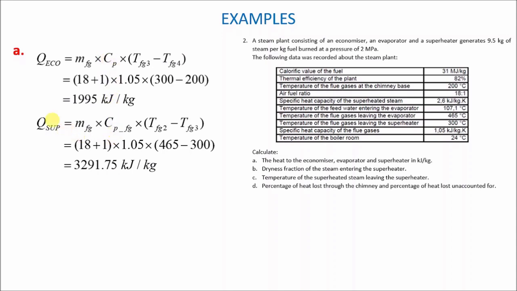Once you have Q sup, the heat absorbed by the superheater, you can then go and use the efficiency equation like that, and you have all the numbers that you need. The only thing that you do not have is Q to the evaporator.